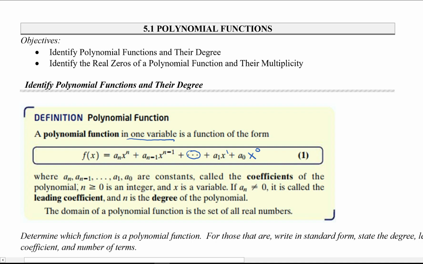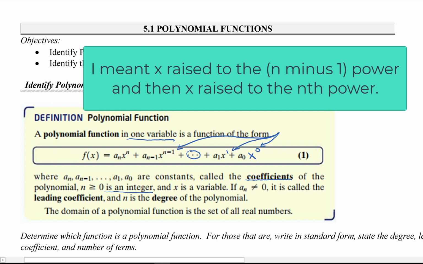Where a sub n minus 1, and so on, a sub 1, a sub 0 are constants called the coefficients of the polynomial. n is greater than or equal to 0 and is an integer. This represents our power values that we had up here. So if you notice where I put the 0 on this x, and the 1, and then n minus 1, and then n, these represent the integer values where n is greater than or equal to 0.